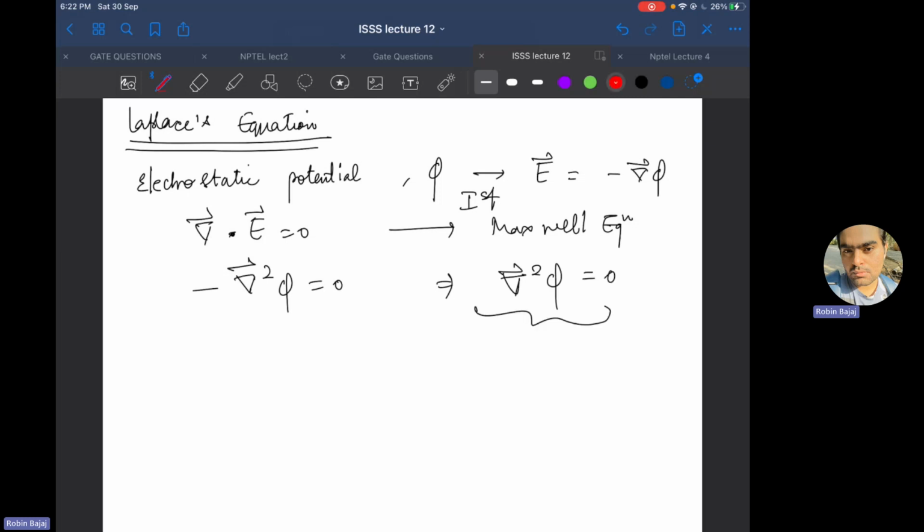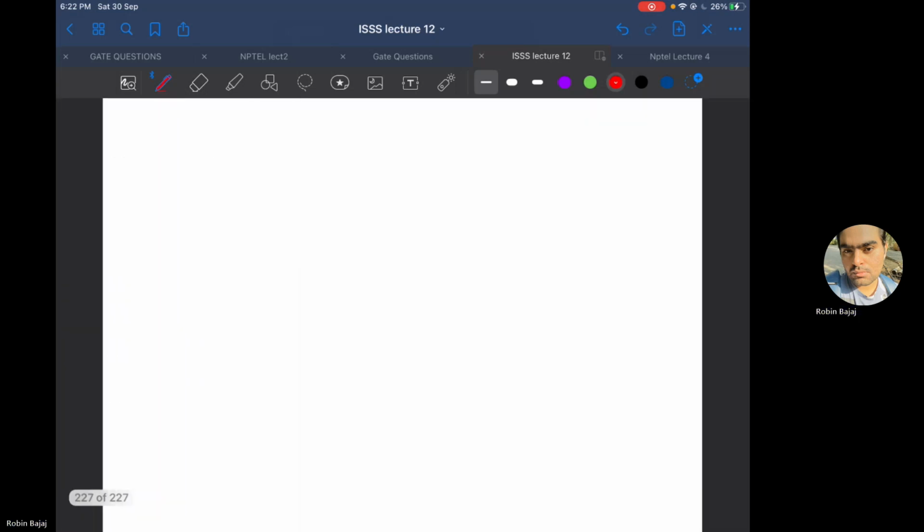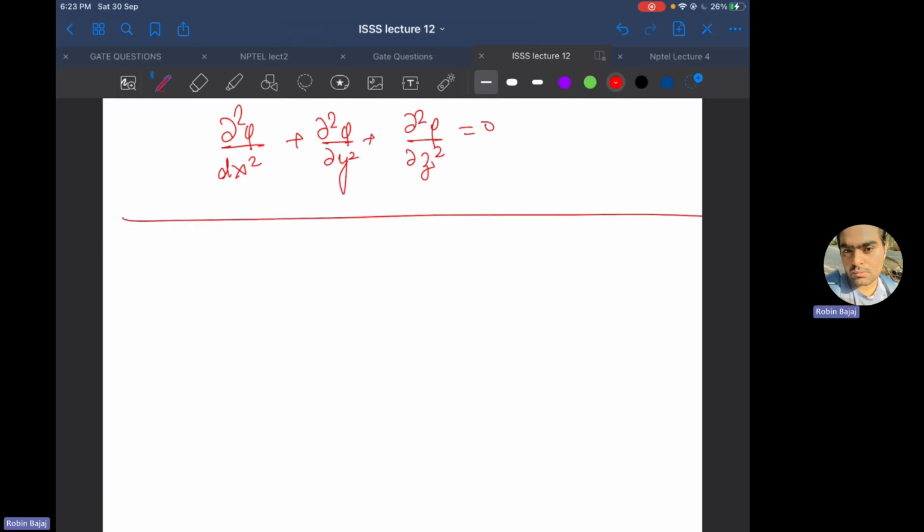That is nothing but your general Laplace equation. This tells you how the potential behaves at all spatial coordinates. Potential is something which follows the Laplace equation. In 3D, it would be like this. This is basically a boundary value problem.